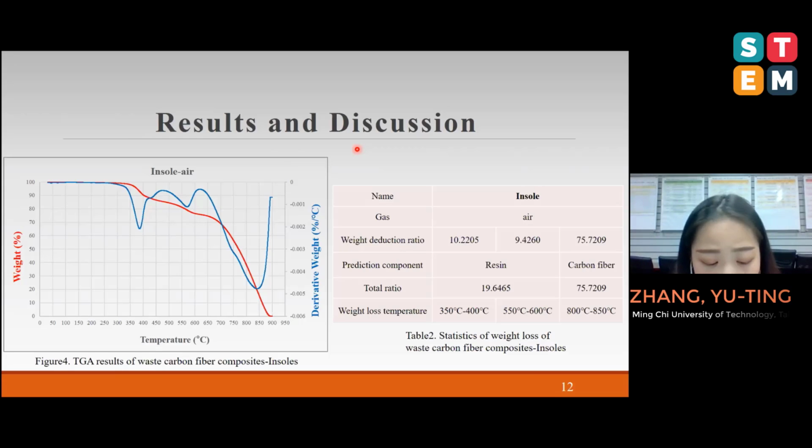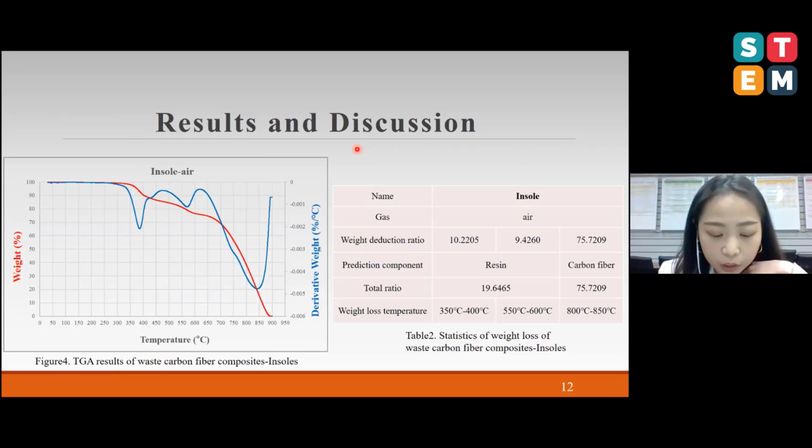From the temperature, it is possible to infer the substance that may be present in each temperature range. The right table is sorted out by calculations. So for insoles, it can be seen that the components that use carbon fiber account for the majority.